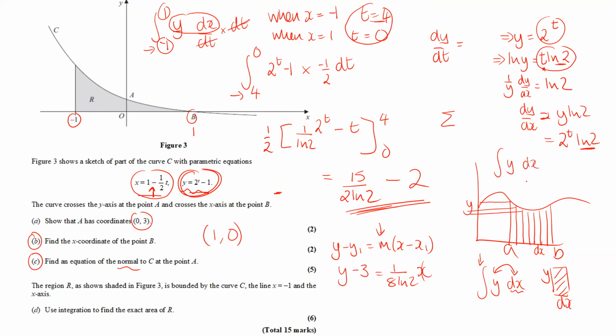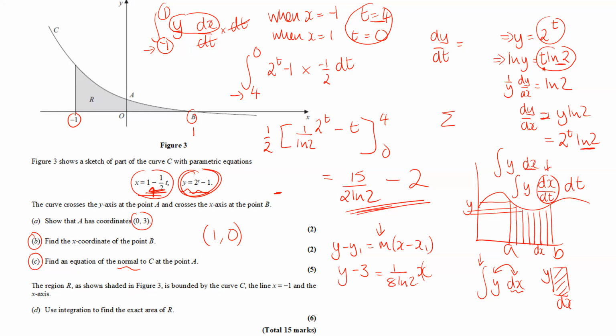But because we've got it parametrically, our y is going to be in terms of t, so we need to integrate with respect to t on the end. But to get an area under a curve, it must be dx. So what you times by is dx by dt, the differential of the x side of the equations, and then you put dt.